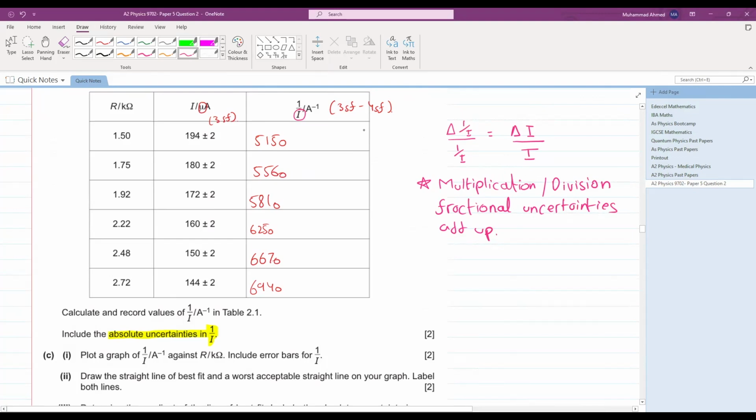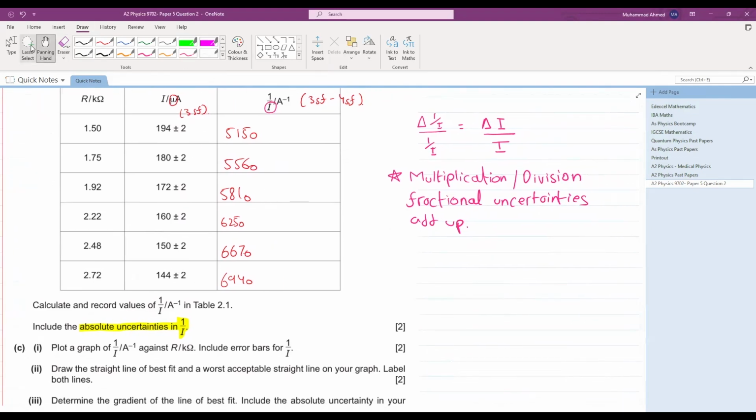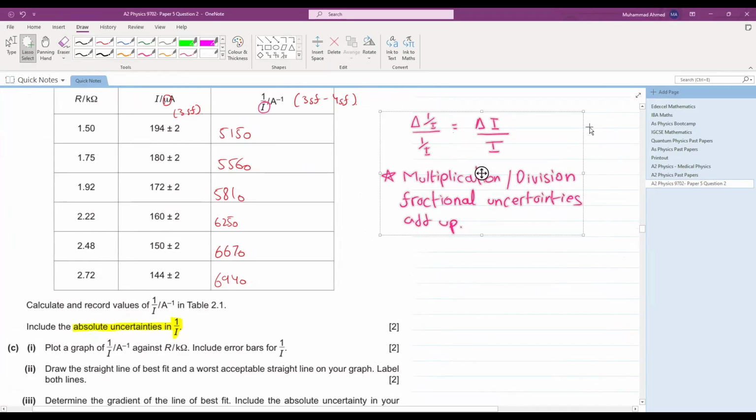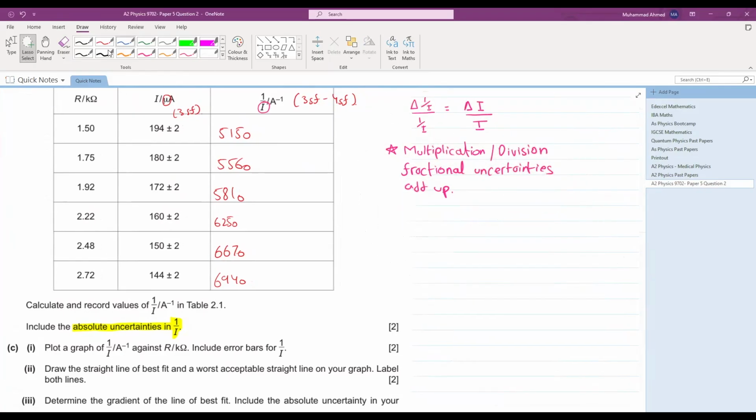Now, what I have found helpful in the examination is not to do this again and again. Instead, rearrange the formula and create a formula for every question.